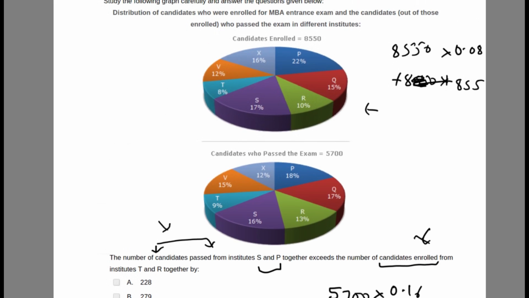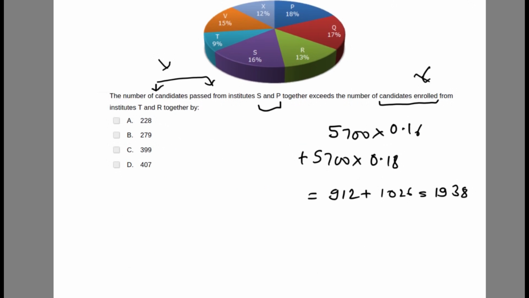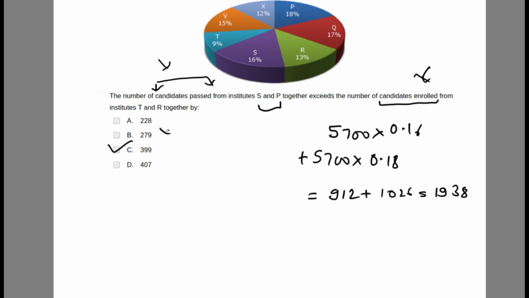Let's look at it again. 8550 into 0.08 is 684, plus 855 is 1539, minus 1938. Yeah, 399 is the option, or the wrong option.